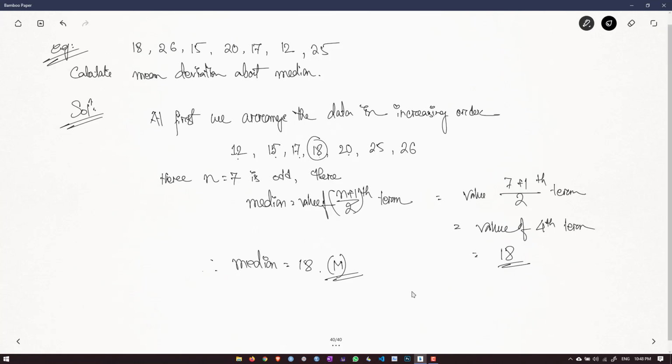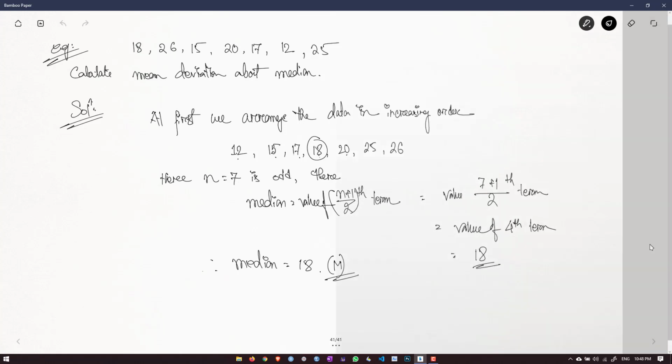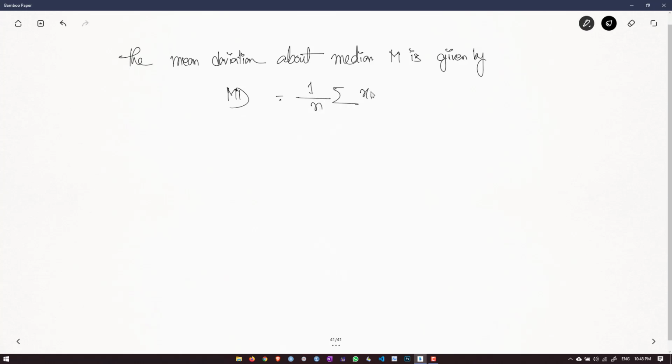Now we have to find out the mean deviation about median. The mean deviation about median M is given by MD is equal to 1 by n summation |xi minus M|, right?